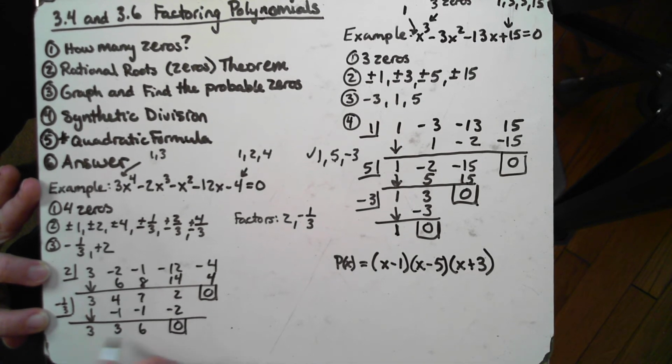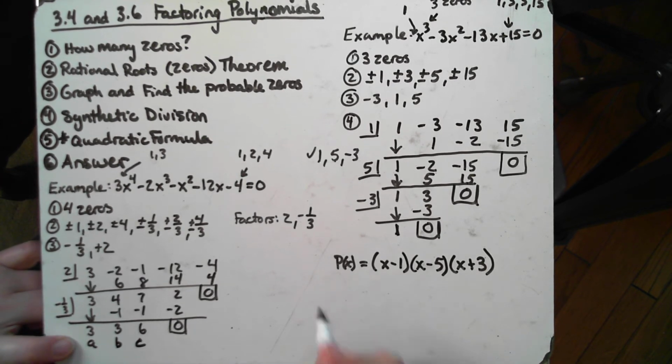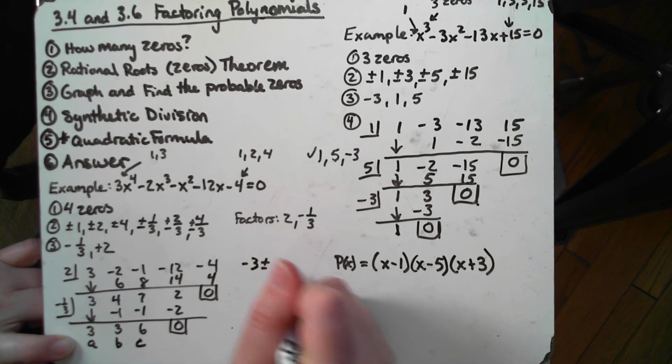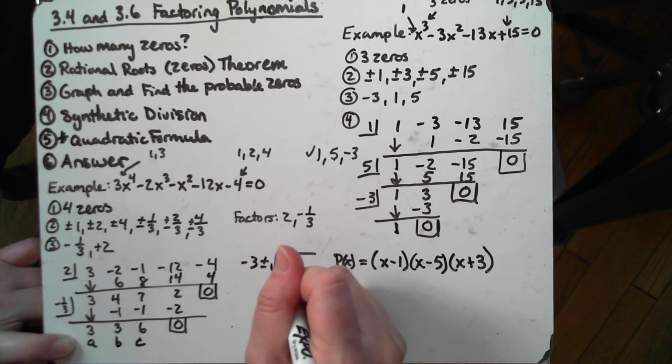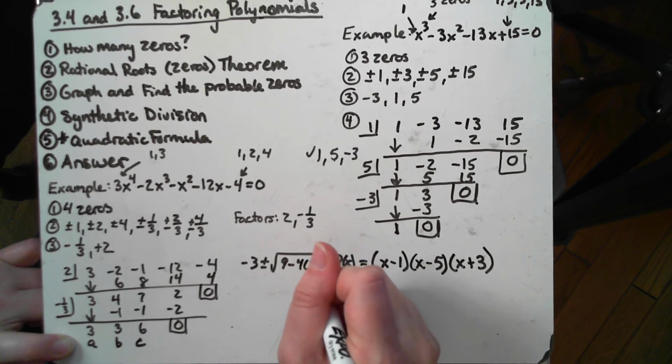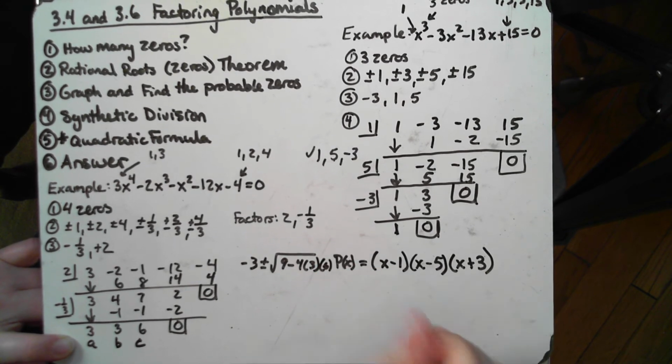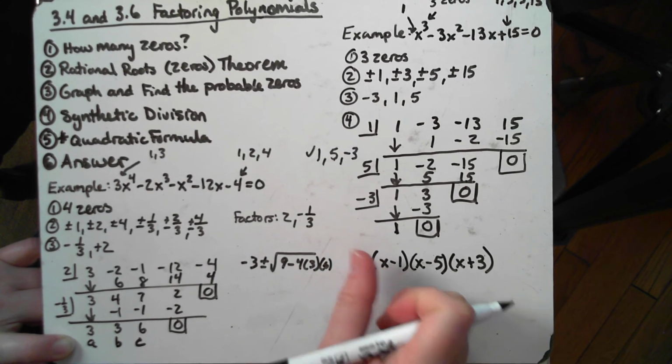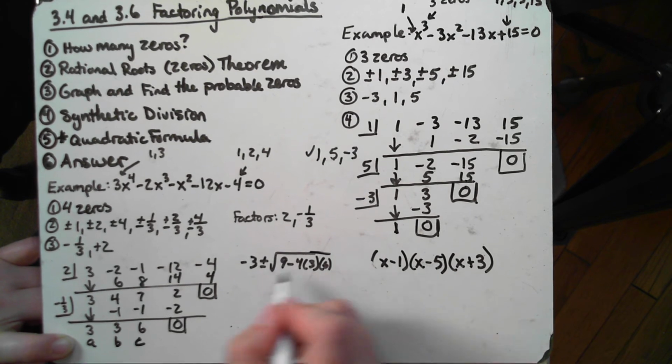I have 3 numbers here, so that's A, B, and C for our quadratic formula. So I'll go to that. Negative B plus or minus the square root of B squared minus 4 times A times C, all over 2A.